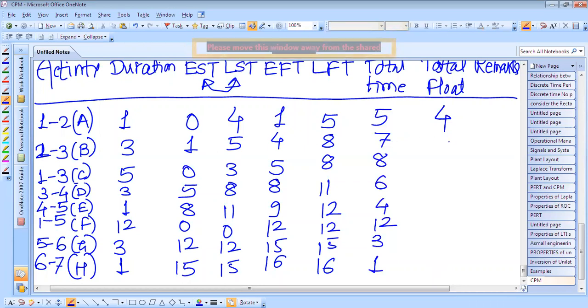LST minus EST 4. LST minus EST 3. LST minus EST 3. LST minus EST 3. It is 0. It is 0 and this is 0. So this total float I have calculated here in this way.